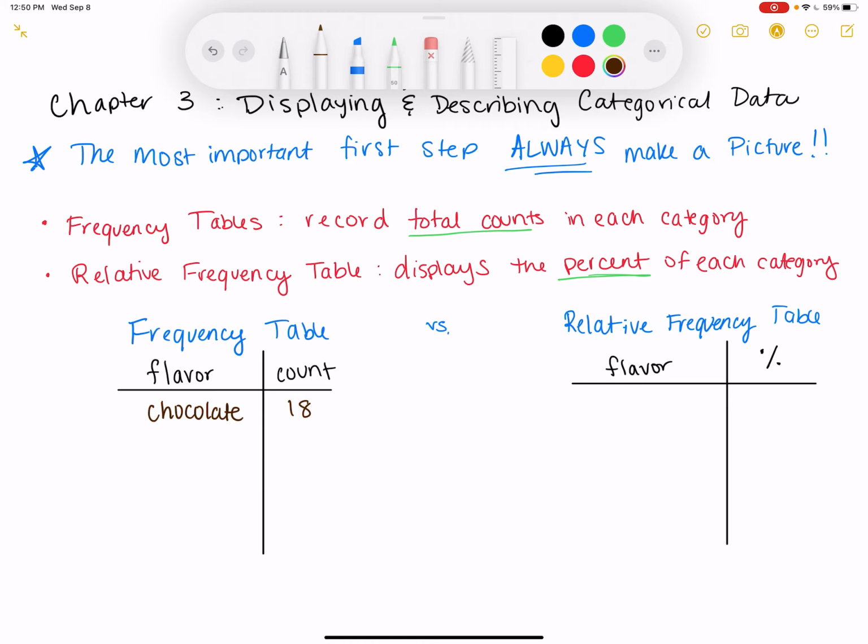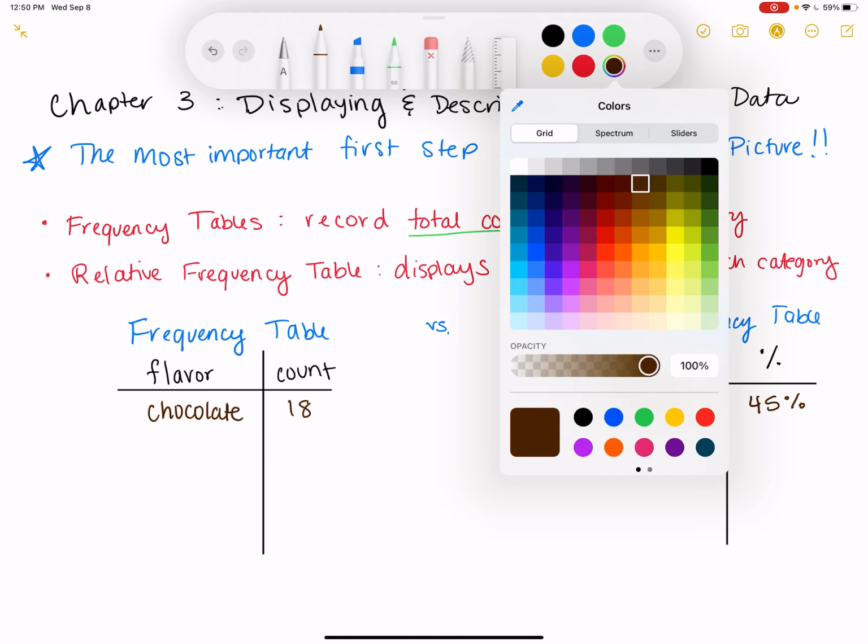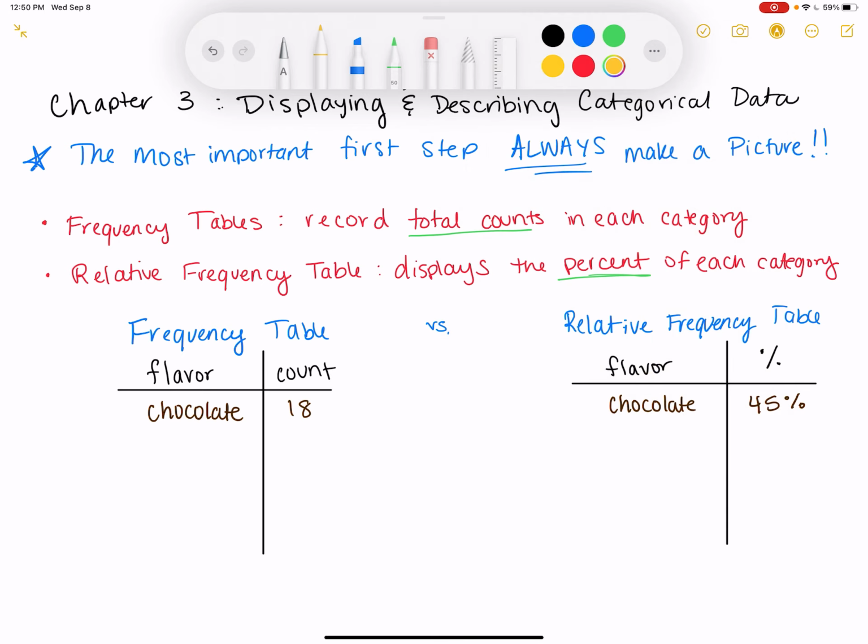And for the other table for chocolate, it's going to be 45%. What color should I use for vanilla? Because I can't really write with white. Maybe a yellowy orange color, like a cream. Like that? Yeah. Sort of.